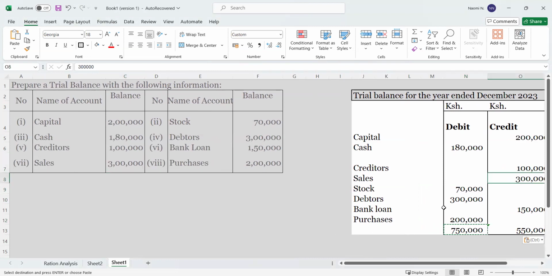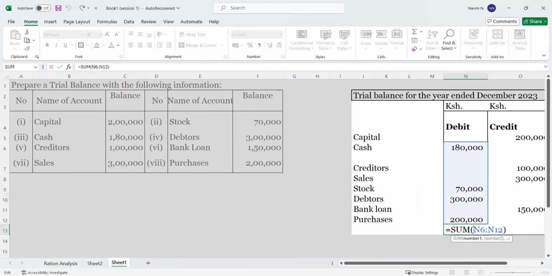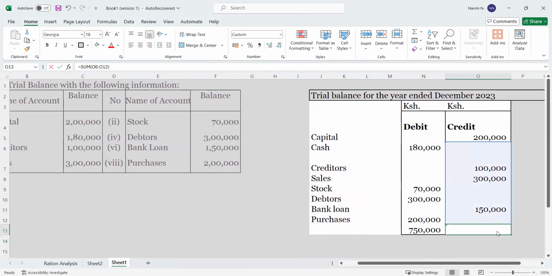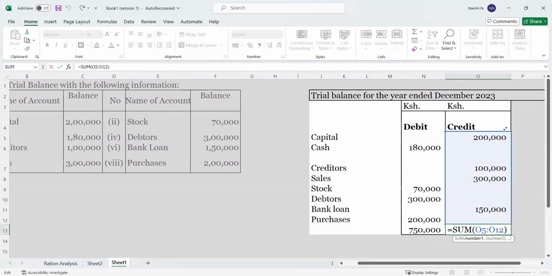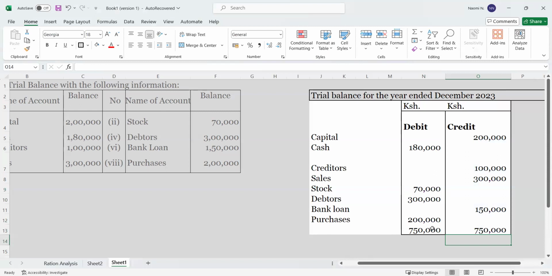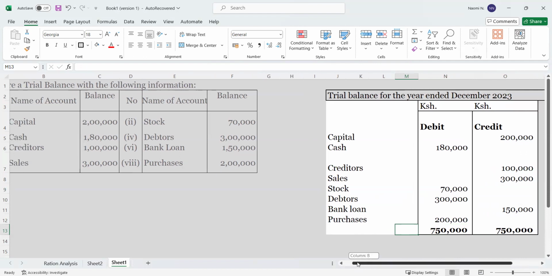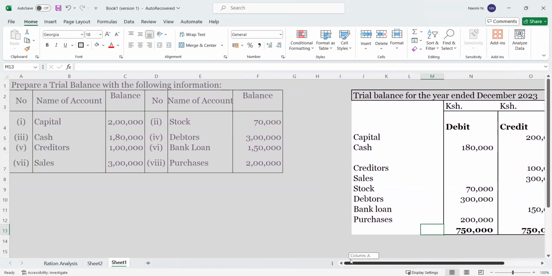Then we have debtors, we also have 300. As we add this, we get 750. Oh, I forgot to add this amount. Okay, so it is balancing. So this is how we ought to inject figures when it comes to trial balance. That was just an introduction.